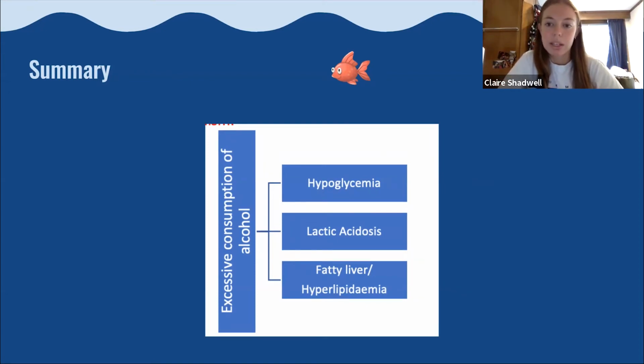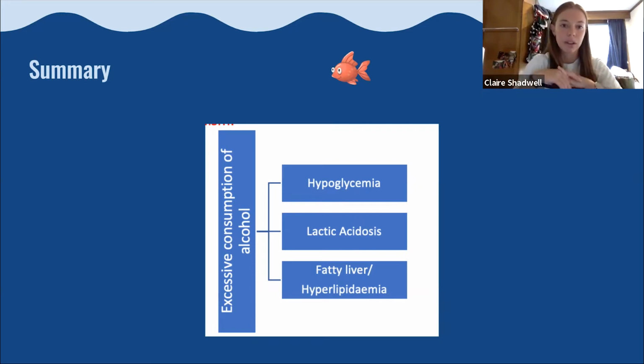So excessive consumption of alcohol leads to hypoglycemia, lactic acidosis, and fatty liver or hyperlipidemia. If I was quickly going to explain that again, excessive consumption of alcohol leads to lactic acidosis.